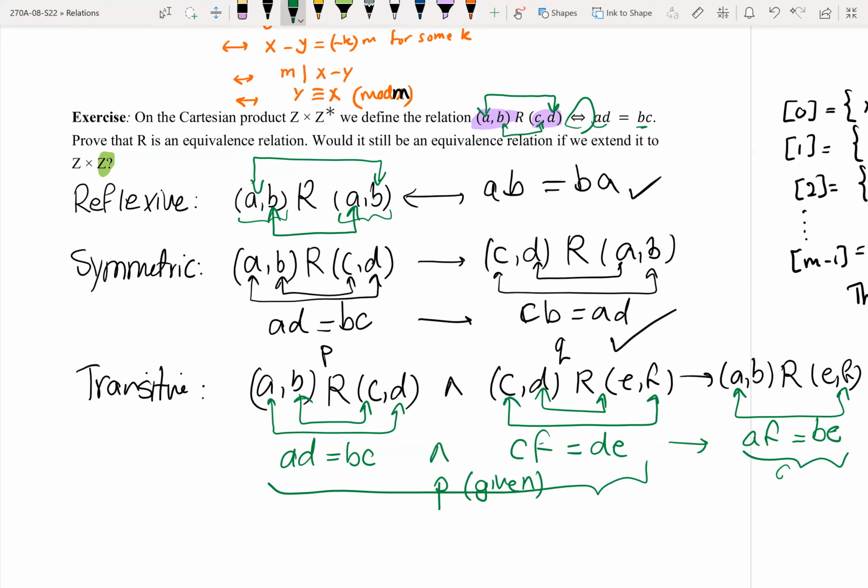This is what you need to show, the conclusion.